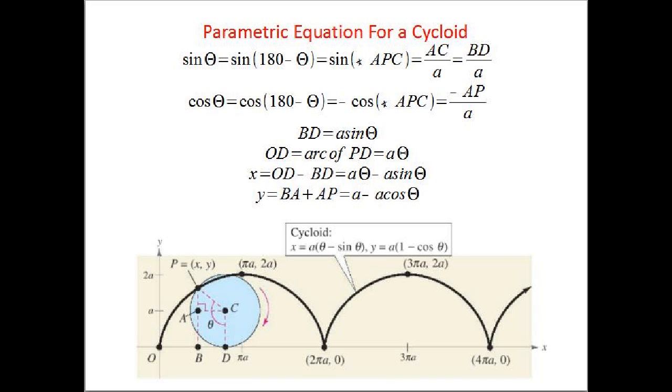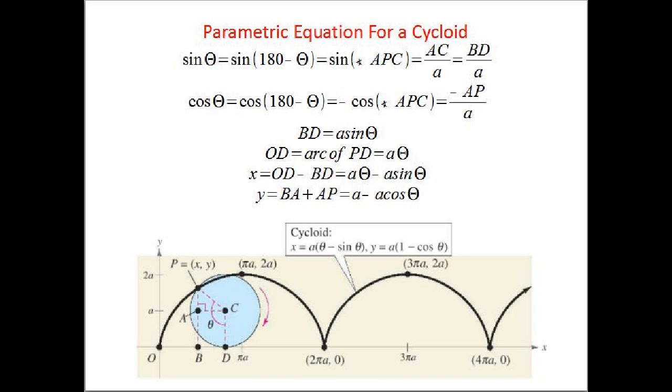Now, looking back at sine of theta, we can multiply both sides by A, and that will give us BD is equal to A sine of theta. And since we know that the point P on the edge of a circle started at O, the origin, we can understand that OD is equal to the arc of PD, since the distance traveled is equal, and PD is equal to A theta.